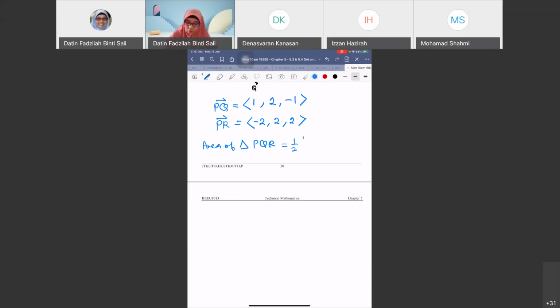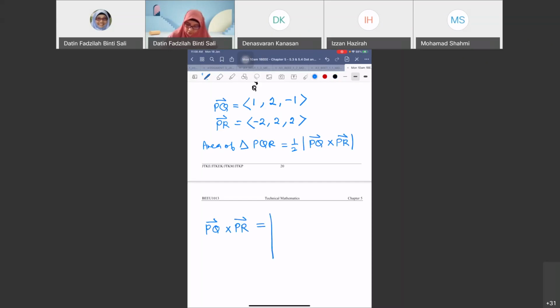So in this case, it will be the magnitude of the PQ vector cross with the PR vector. This is what we want to find the area of triangle PQR. So now you need to find PQ cross PR.